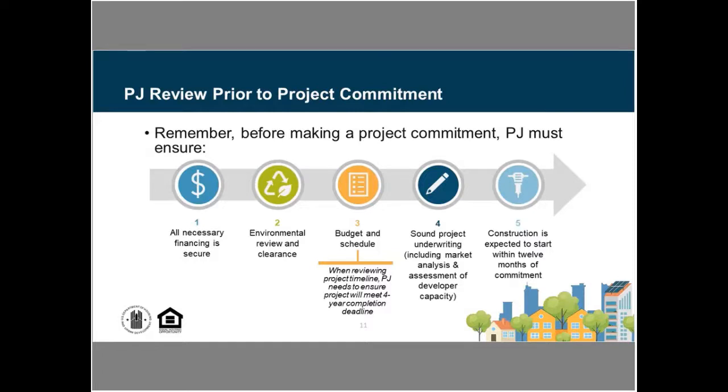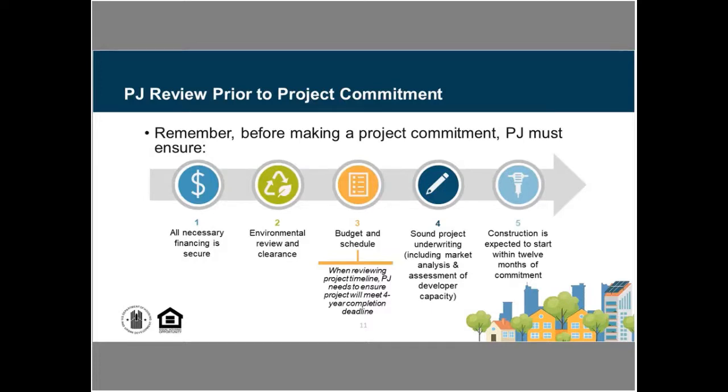We also have to complete our underwriting, and that would include not only the financial part of that, but also looking at the market analysis, making sure that that development partner has the capacity and the financial wherewithal to be able to get that project moving and completed on time. And then, of course, we know that we have a home rule that says that construction is required to start within 12 months of commitment.